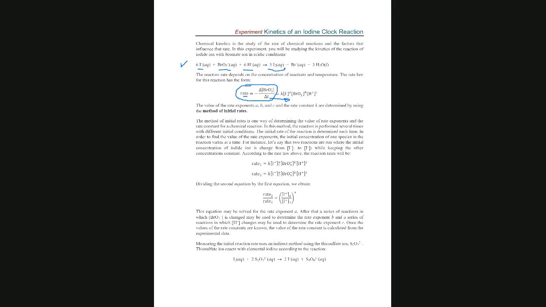If you are in the lab, 2 people are going to work in a group. While one is adding the last reagent, the other starts the stopwatch, and then you measure the time. So delta T will be the time.